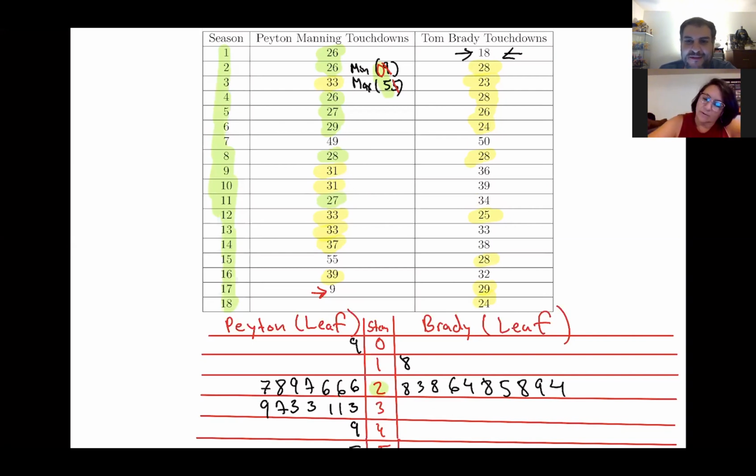Now we're going to focus on the 30s. So we're going to focus on the seasons where he threw 30 to 39 touchdowns. So that will be all three of these, two, and this one. So we'll say 6, 9, 4, 3, 8, 2.